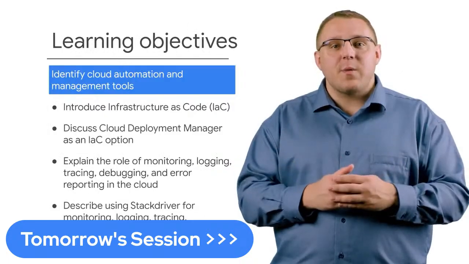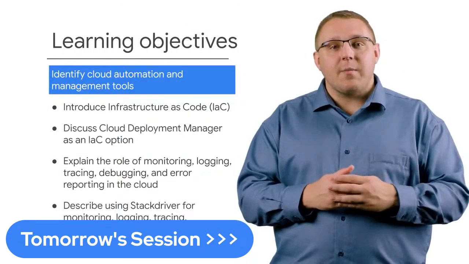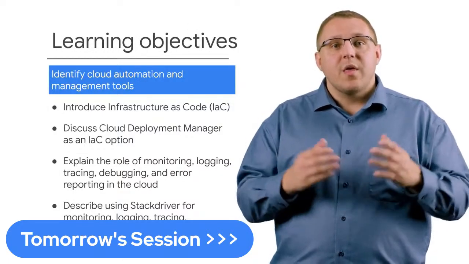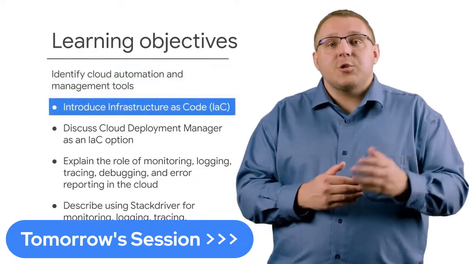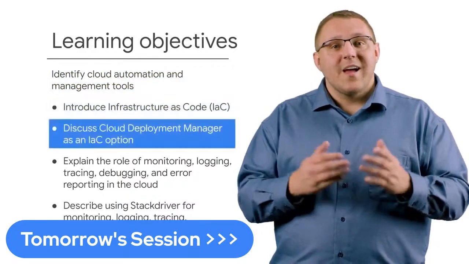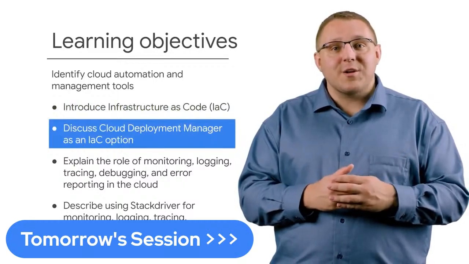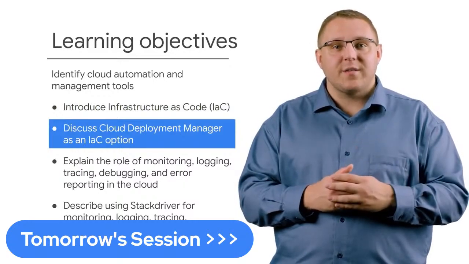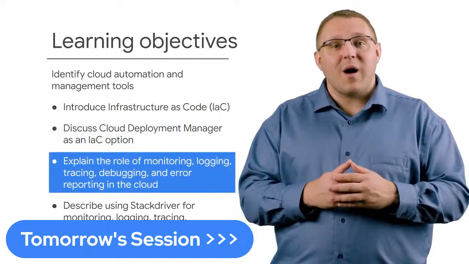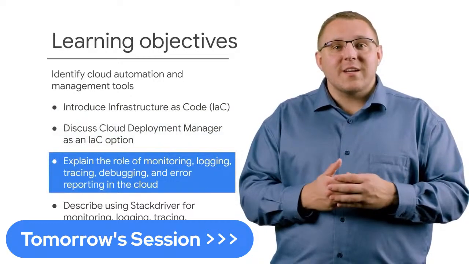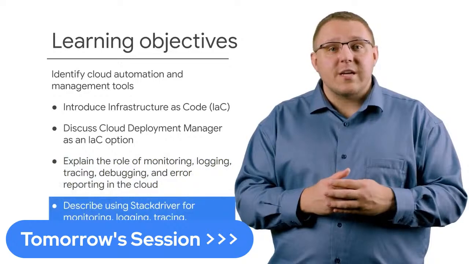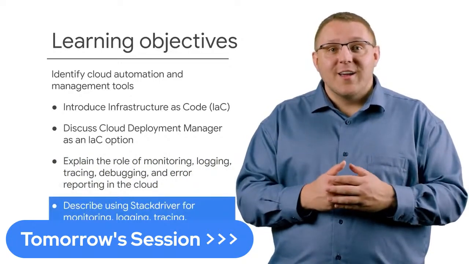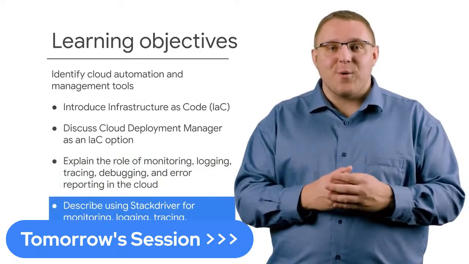The objective of this module is to identify cloud automation and management tools. The specific learning objectives to achieve this include to introduce infrastructure as code, discuss Google Cloud Deployment Manager as an infrastructure as code option, explain the role of monitoring, logging, tracing, debugging, and error reporting in the cloud, and to describe using Stackdriver for monitoring, logging, tracing, debugging, and error reporting.